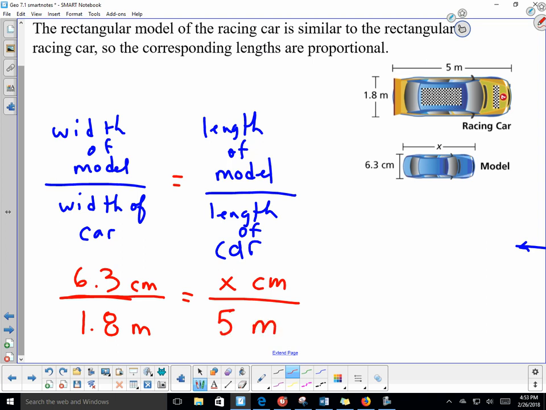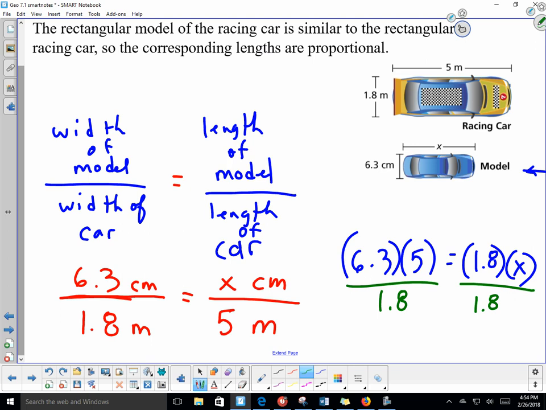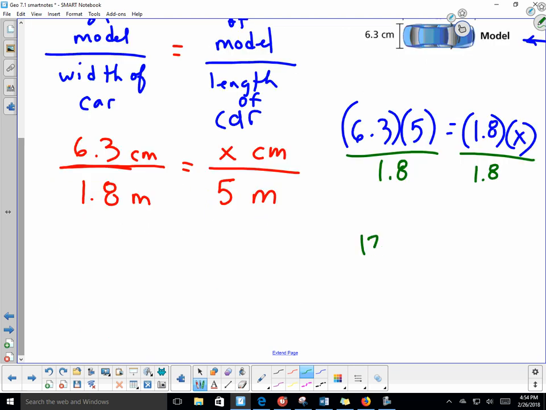So to solve for X, we are going to cross multiply. So we're going to get 6.3 times 5 equals 1.8 times X. All right, and when we divide both sides by 1.8, you can do this math on your calculator, but it turns out to be 17.5 centimeters.